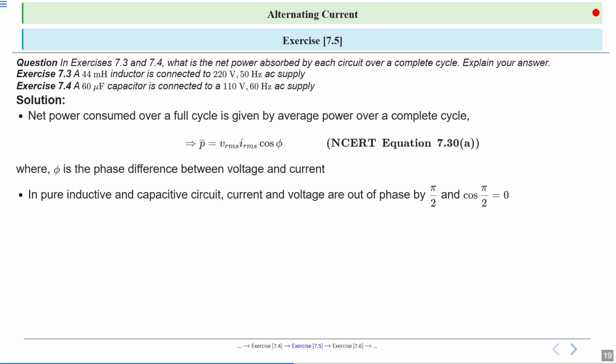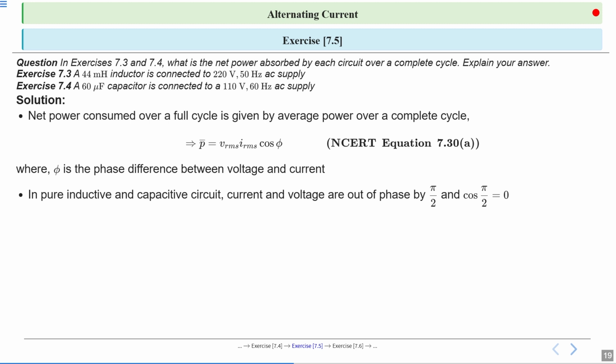In both these circuits, current and voltage are out of phase by pi by 2. Means in an inductive circuit, voltage leads the current by pi by 2, and in a capacitive circuit, current leads the voltage by pi by 2. So in both cases, the phase difference between voltage and current is pi by 2, and cos pi by 2 is 0.